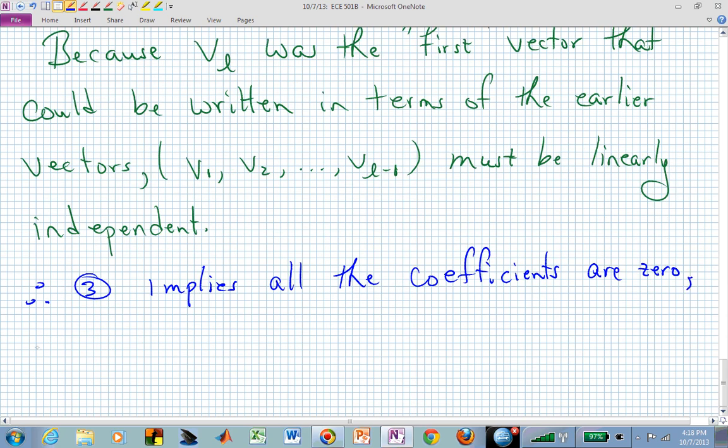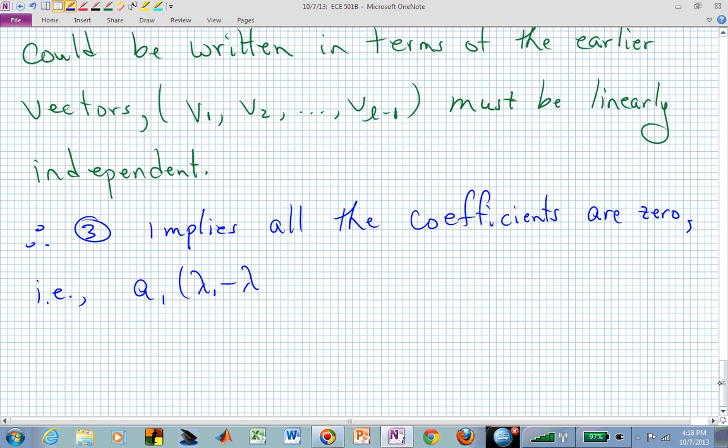which really is saying that we have lambda 1 minus lambda sub L equaling 0, etc. And that says that either lambda sub L is mixed up with all the others, or we don't have these distinct eigenvalues, or all of these A's are 0.